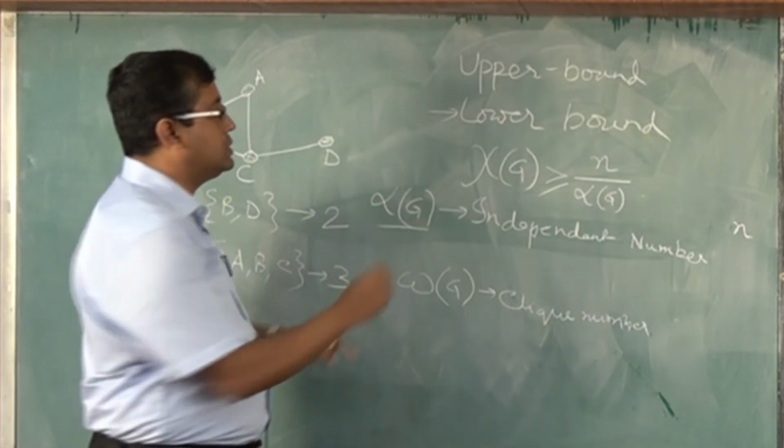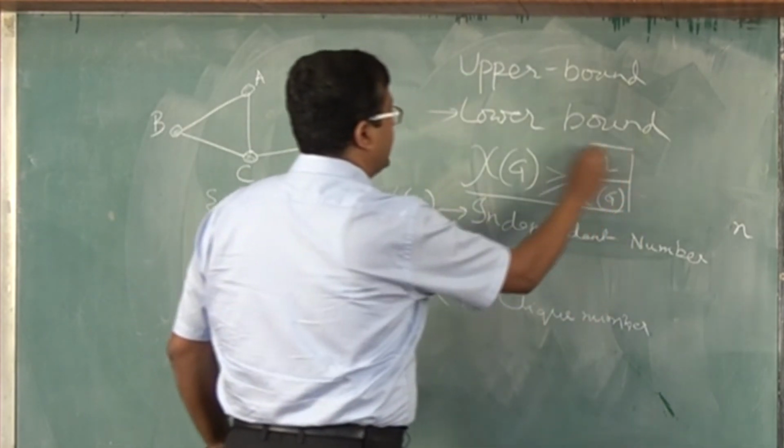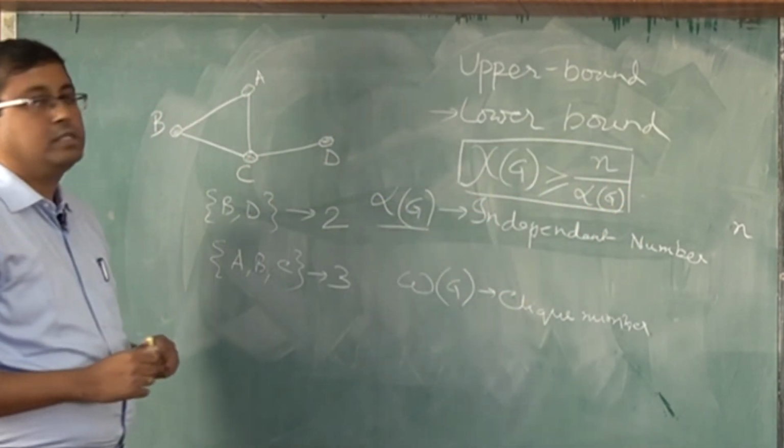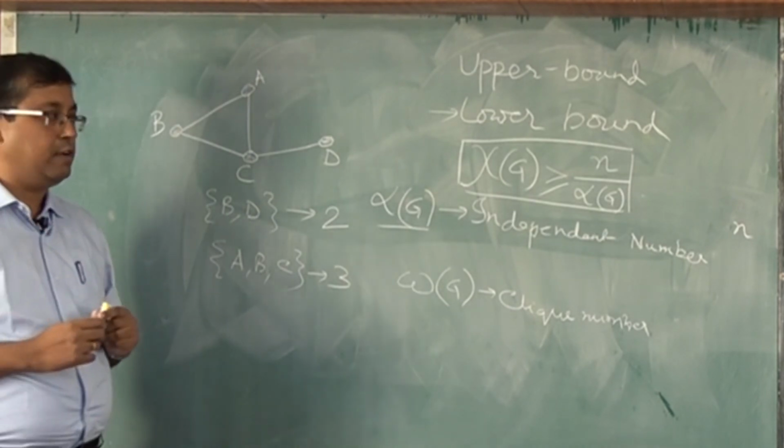The chromatic number is greater than or equal to that. So that's the first theorem related to a general graph.